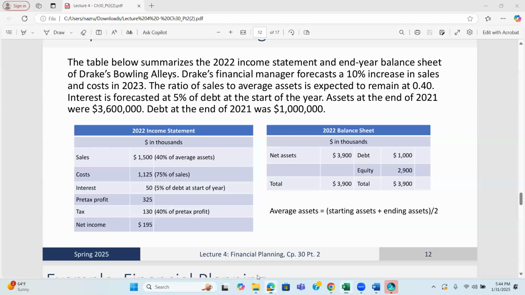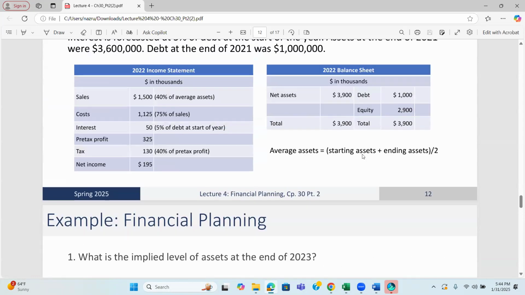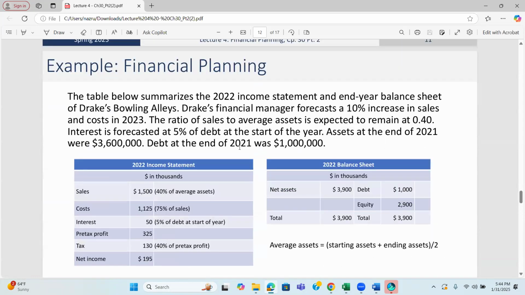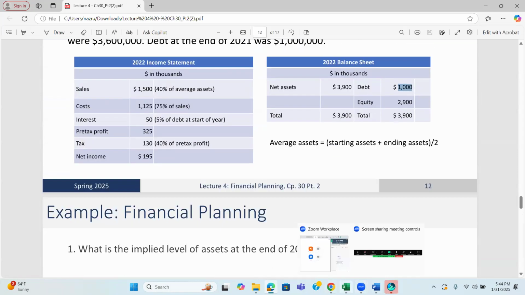All right, now let's move to the last part of the question. If Drake is unwilling to make an equity issue, what will be the debt ratio? This is very straightforward. At the end of 2023, there is no equity issue, so we just consider debt, the debt at the end of 2022. So at 2022, the debt was 1000, right? So we just use that debt value.